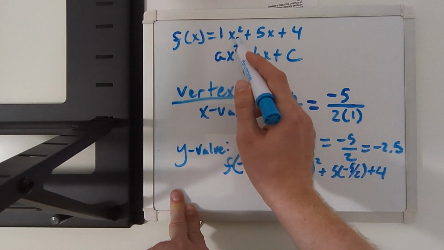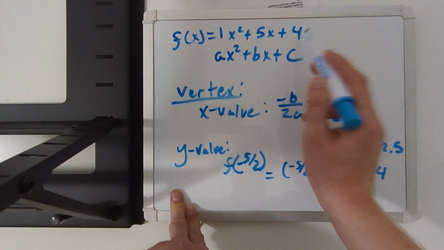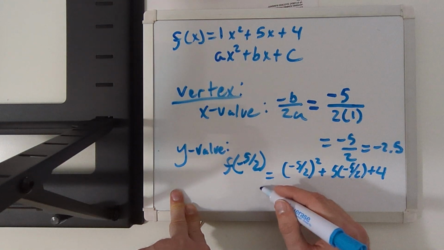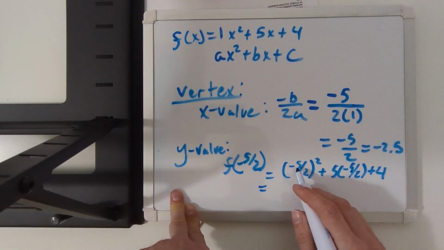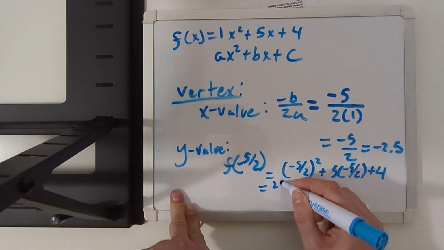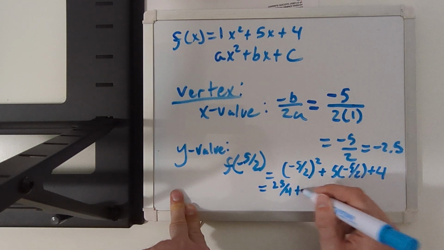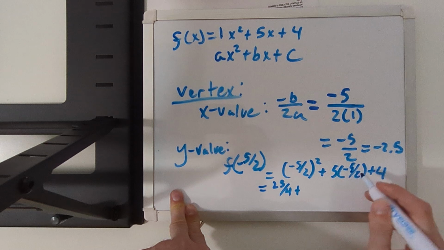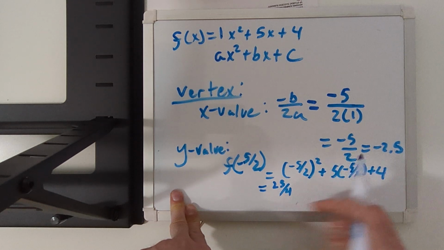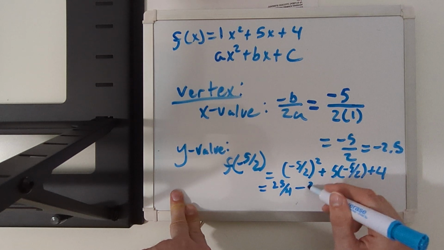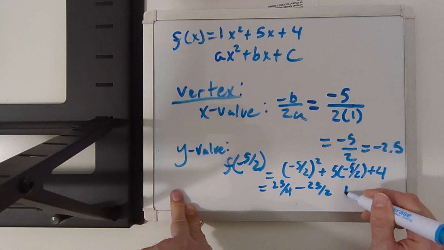All I've done is take every x in the original equation and replace it with negative 5 halves. And I can compute this pretty easily. This is positive 25 fourths, plus negative 25 halves, so I'll write minus 25 halves, plus 4.